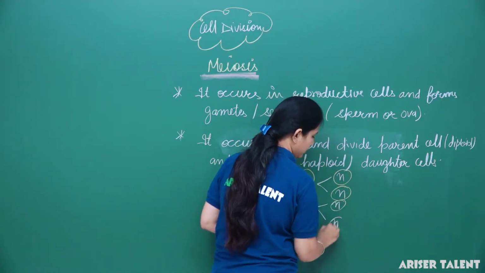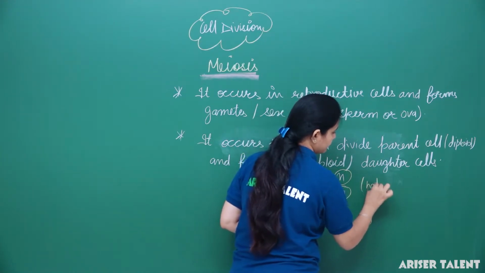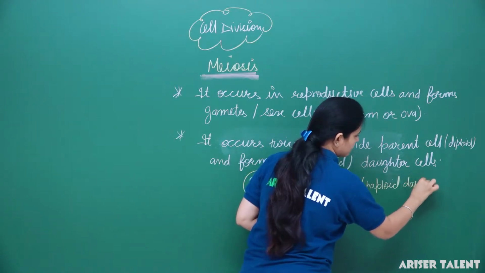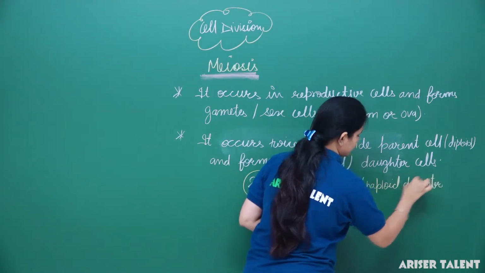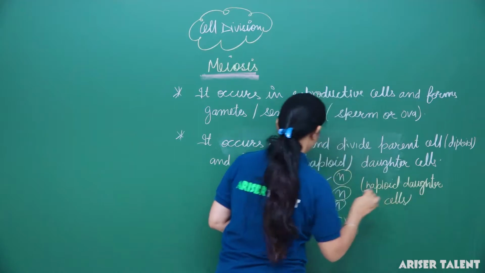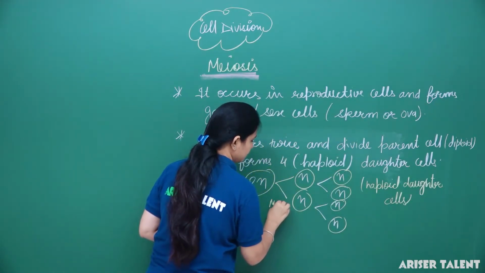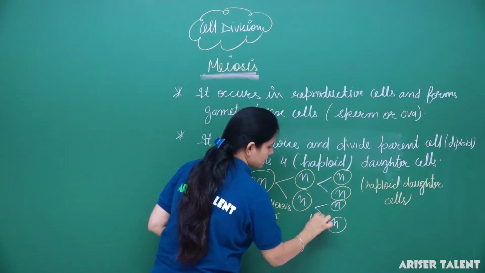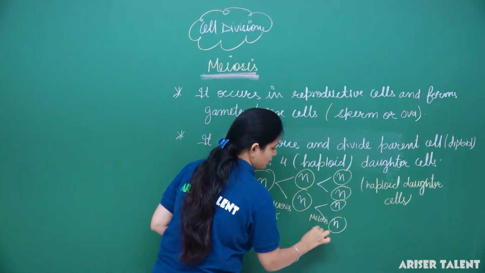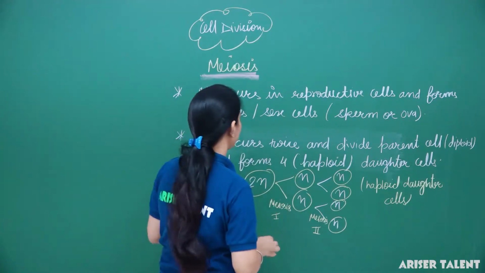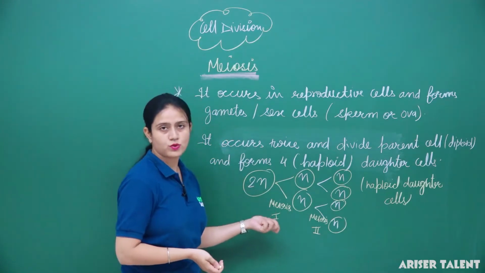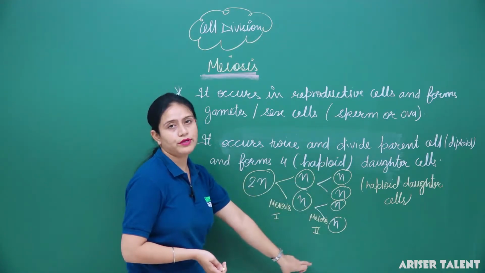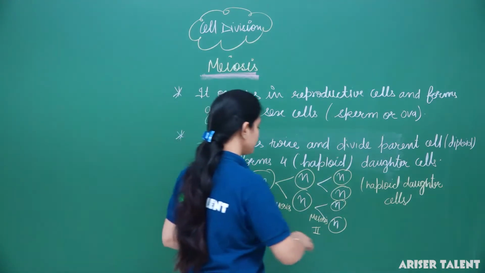This is meiosis 1, this is meiosis 2. Clear? So thus we can say that meiosis occurs twice, and it divides the parent cell and forms 4 haploid daughter cells. Clear?